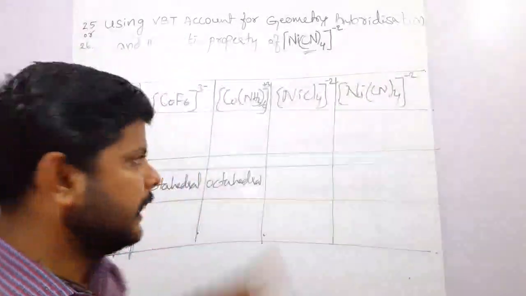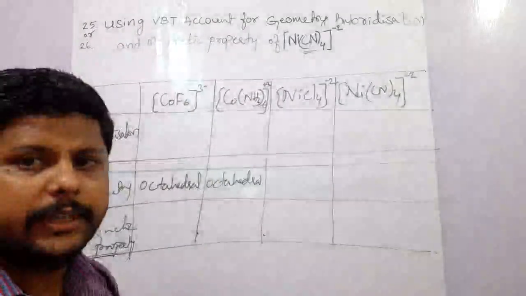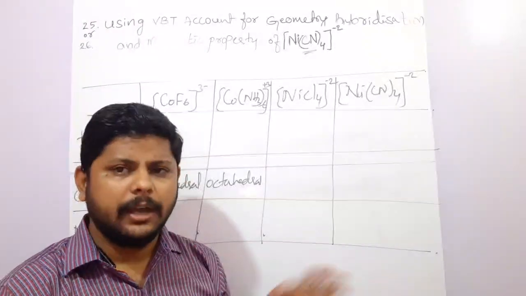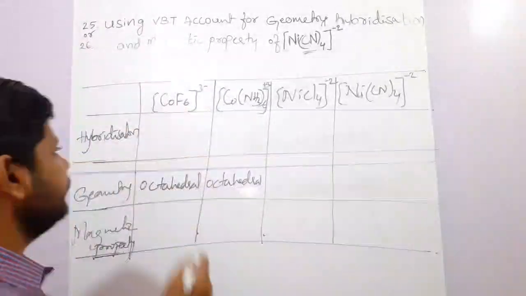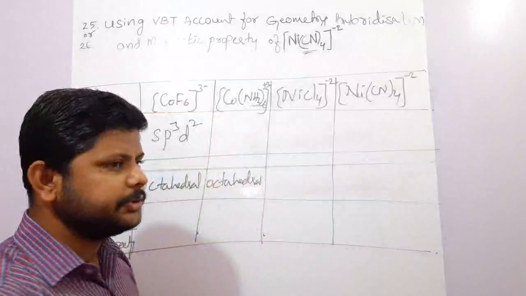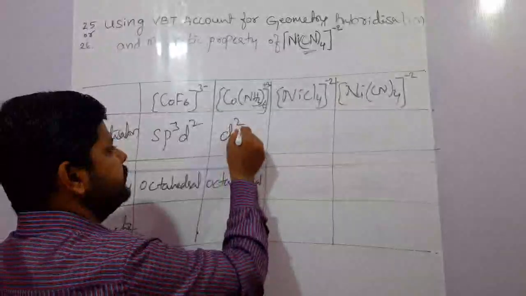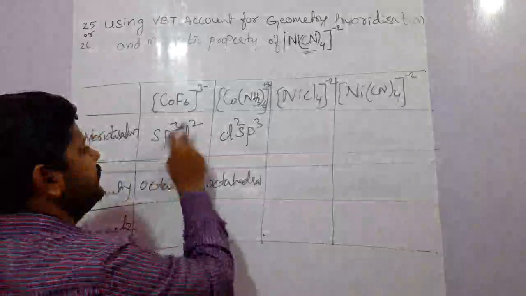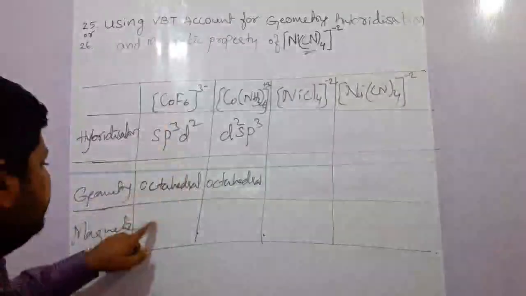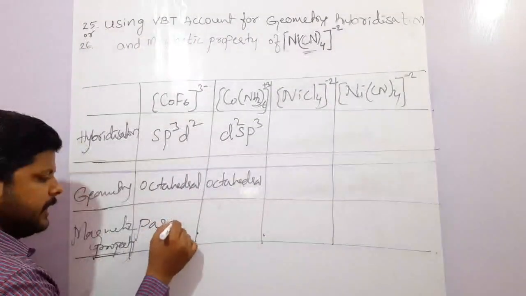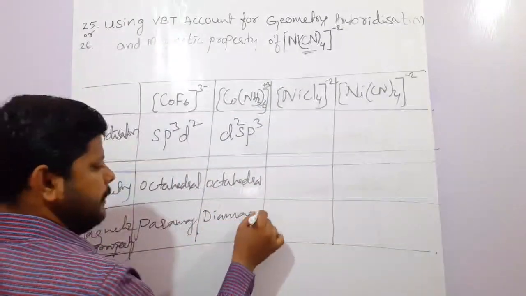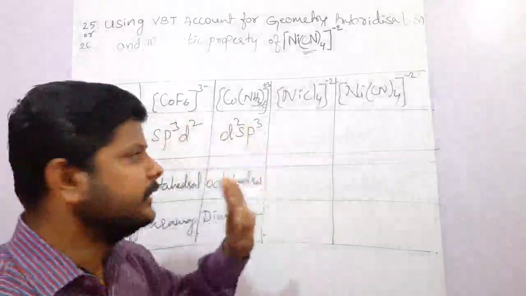For the 6-ligand complexes, the hybridization is either sp3d2 or d2sp3. For the weak ligand, start with sp3d2, and for the strong ligand, start with d2sp3. Both are not the same. The geometry is octahedral. Weak ligand: unpaired electrons, paramagnetic. Strong ligand: no unpaired electrons, diamagnetic. For these two you can easily remember.